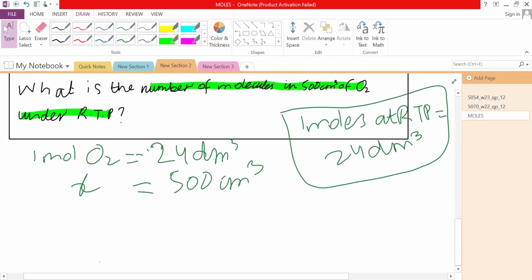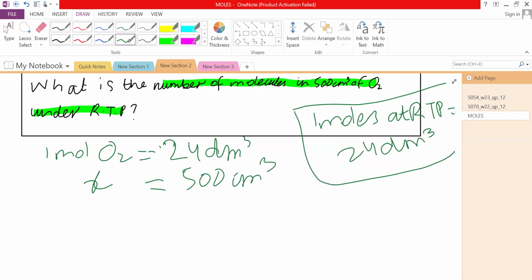Let's do it. We have to find the answer in cm cube as it is given here, 500 cm cube. So we have to convert 24 dm cube into cm cube first. When we convert it, it would be 24,000. Let's do cross multiplication: 24,000x equals 500.